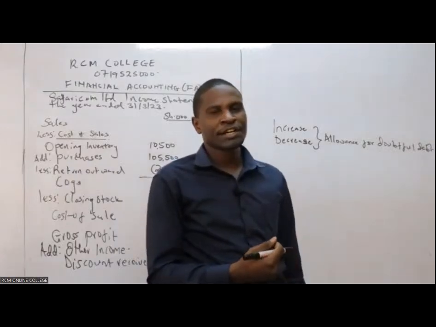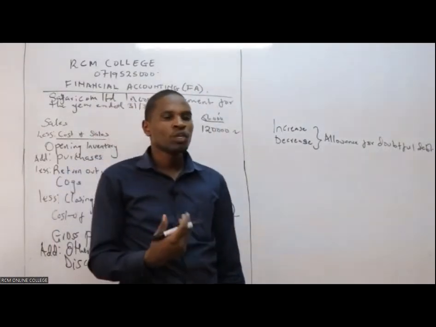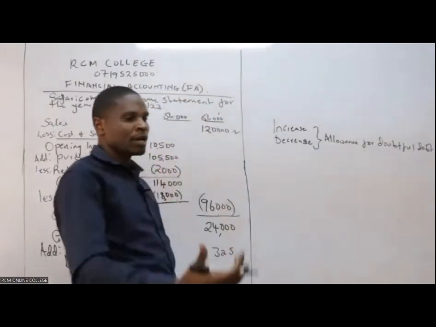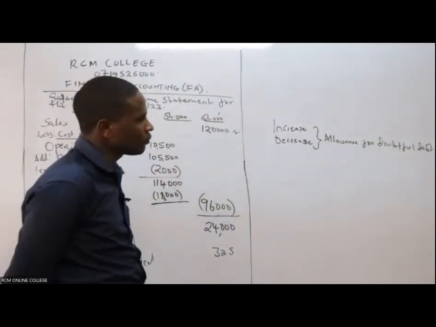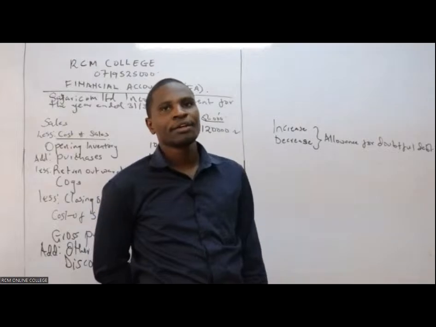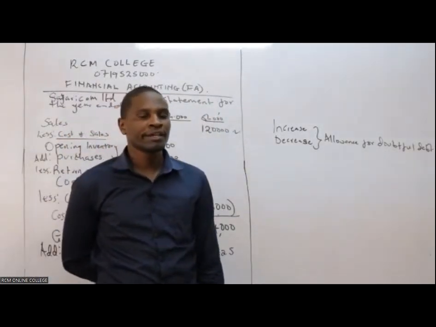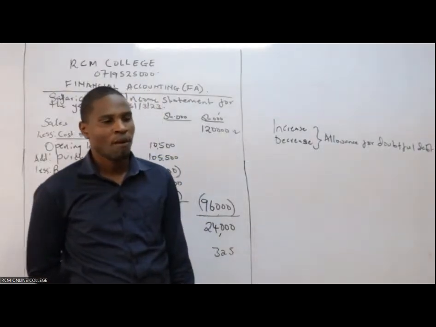Very important information here. Let's go slowly, no pressure here. We have an increase in allowance for doubtful debt and a decrease in allowance for doubtful debt. Which one falls under income and which one falls under expense, before we even compute this?